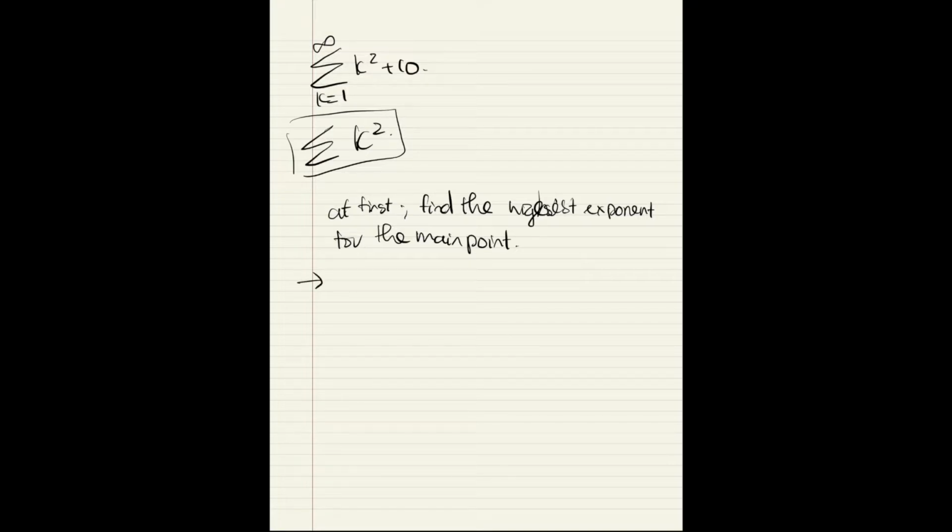You can see right here, k squared plus 10, so k squared is the highest exponent. However, if you have a series of k to the third plus k squared plus 10, for example, this one is the highest exponent, so the series is going to be k to the third that you can compare with.